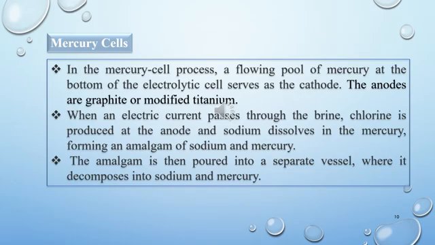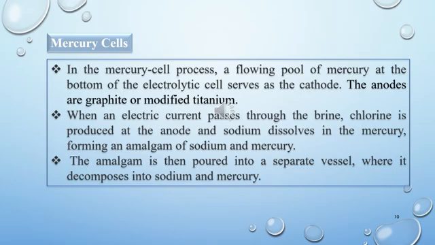Now, how can we separate that sodium from the mercury? For this purpose, we will pour that amalgam into vessels and left them for the decomposition. As that amalgam will decompose, it will be converted into sodium and mercury.